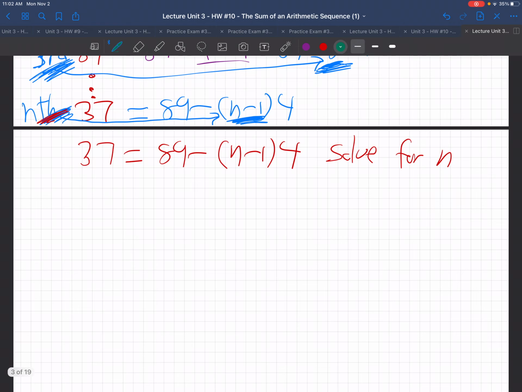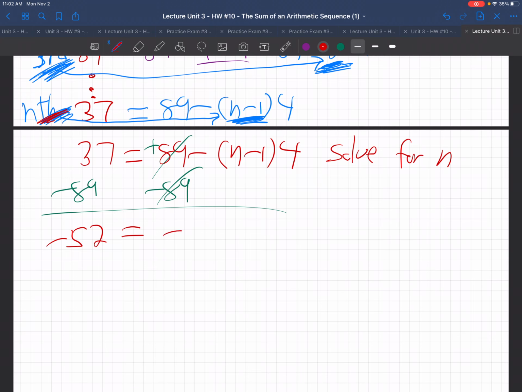So solve for n. So subtract 89. Now you might think add, but that's a positive 89, right? So the opposite is to subtract. If you subtract there, you get minus 52. I'm going to put that 4 in the front to make it easier. It's a minus 4, right? Because you get the minus sign and the 4.